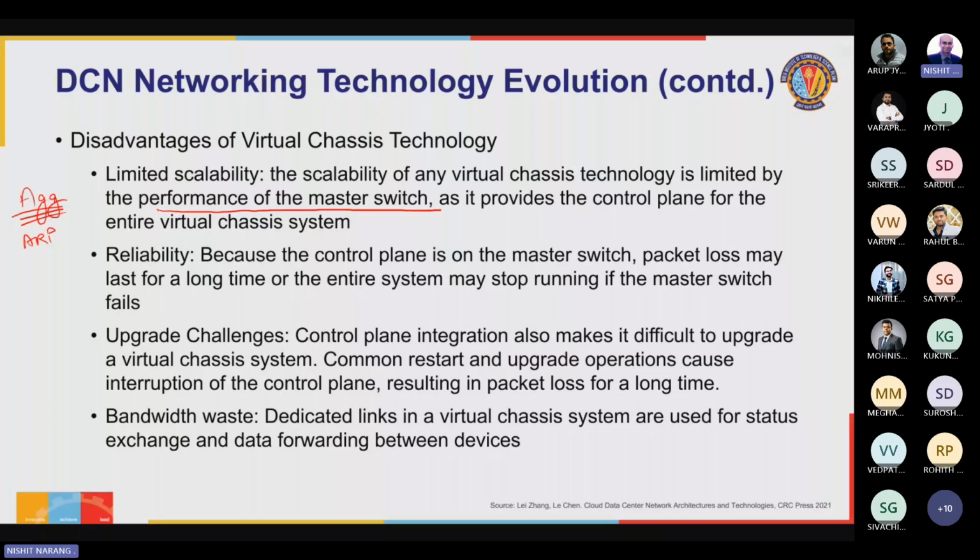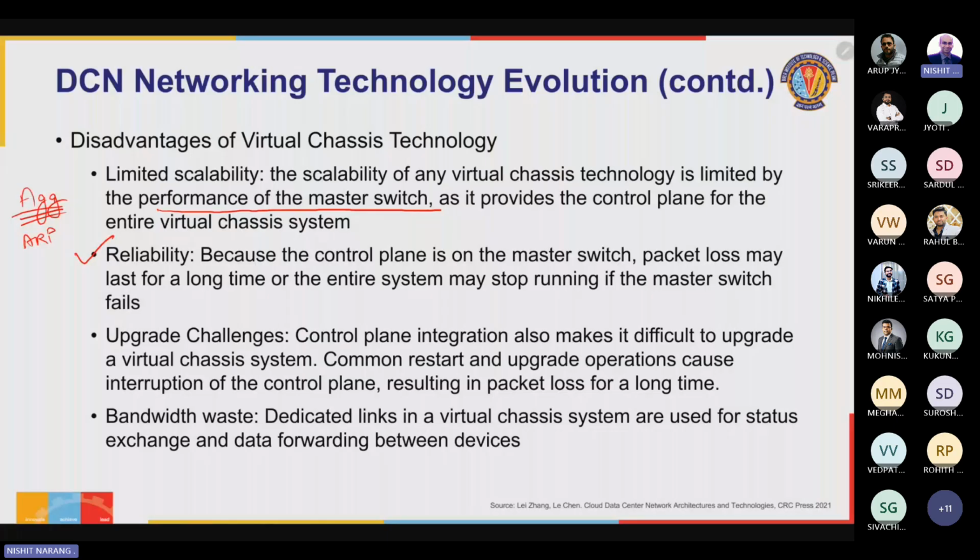Second, it does bring down the reliability to some extent. So last slide I said you need a protocol for master election. If the master were to fail, you need a protocol for one of the standbys to become the master. So you need some kind of a protocol running in between the master and the slave switches for this whole process.